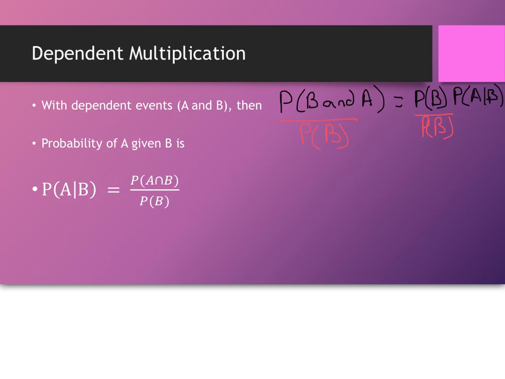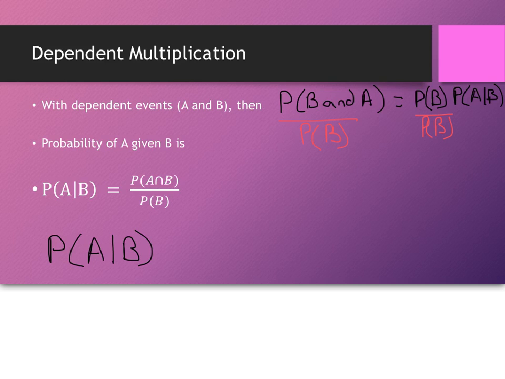Now I've said how this kind of works in multiplication, but this formula should also make sense for the following reason. If I say, find the probability of getting A given that B has already occurred.